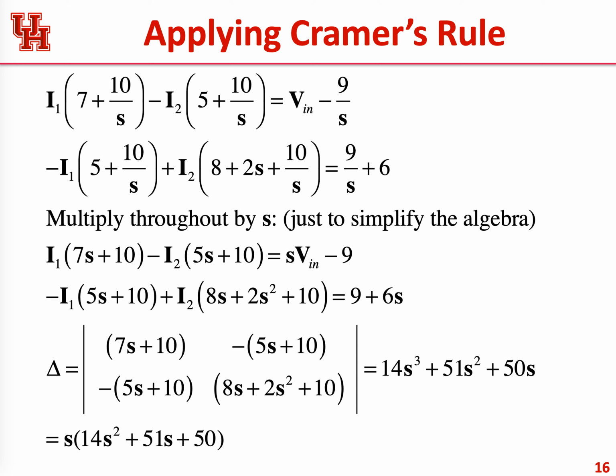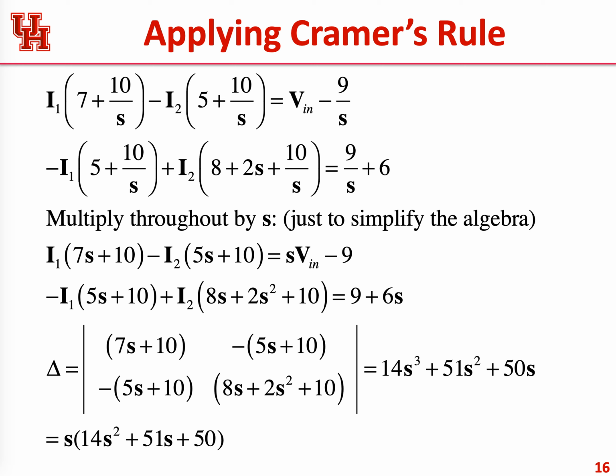So my determinant delta is going to look like this, right? It's going to be these four terms: 7s plus 10, minus 5s plus 10, and minus 5s plus 10, then 2s squared plus 8s plus 10.